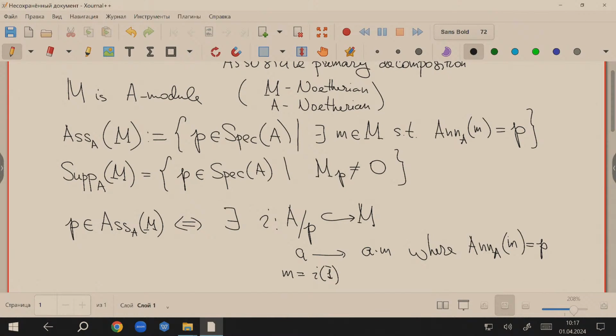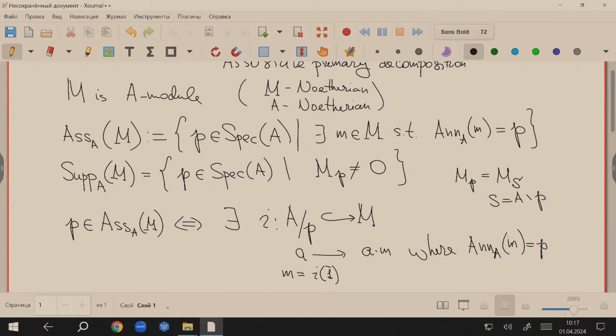Сейчас, а вот там вот M_P не равно нулю, это M с индексом? M, ну, в смысле, это обозначение локализации. Давайте напомню, что M_P это M_S, где S это мультипликативная система, процедура локализации, и S это дополнение A без P, потому что локализовать в P глупо, там ноль есть всегда.